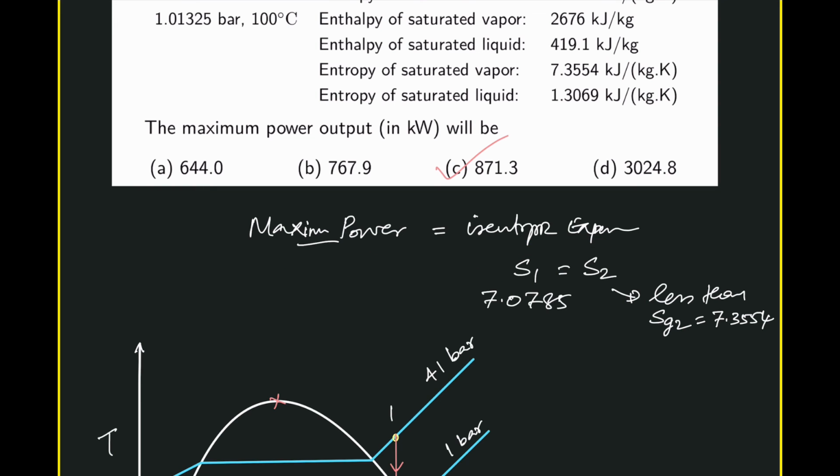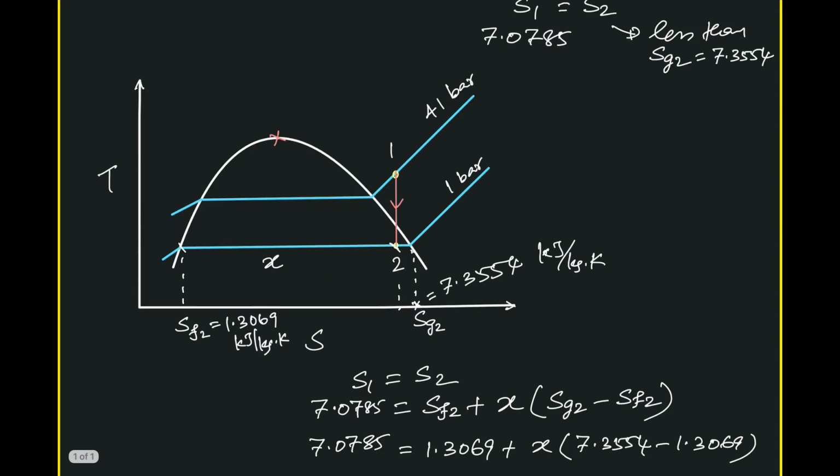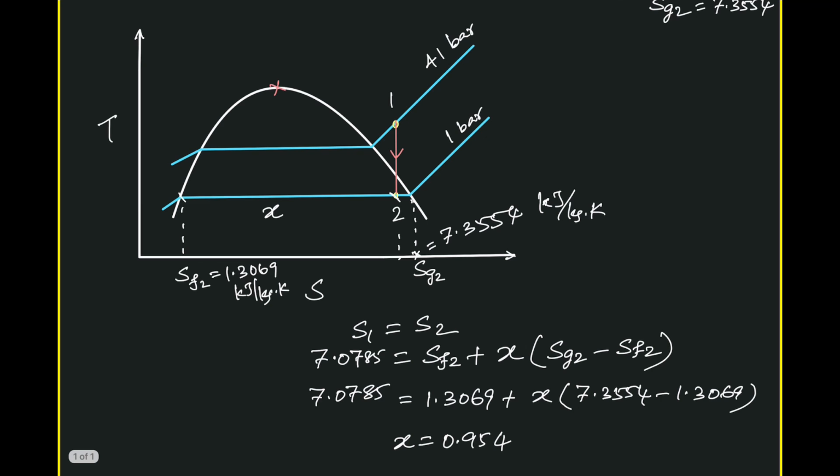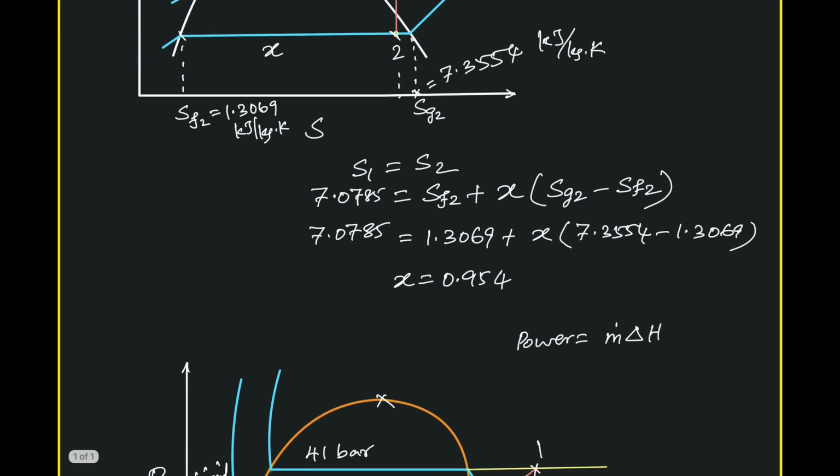Using that, we get the value of x by equating s1 and s2, where s2 is obtained from sf2 plus x, the fraction of vapor, multiplied by the difference sg2 minus sf2, and from which the fraction of vapor is 0.954.